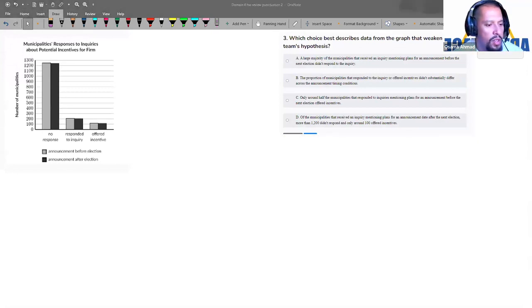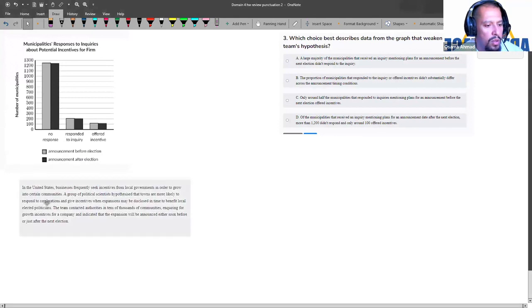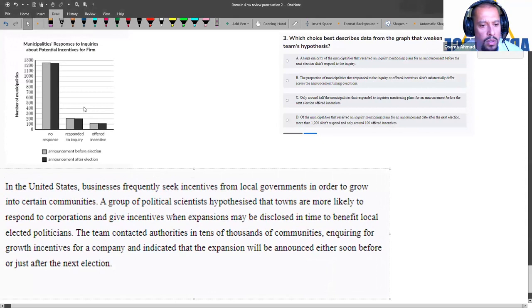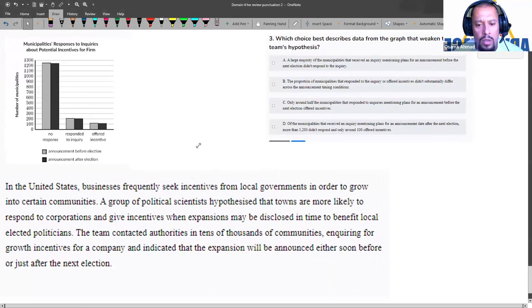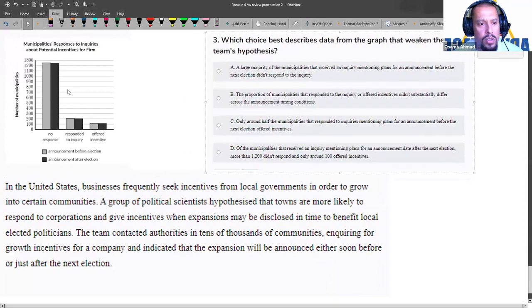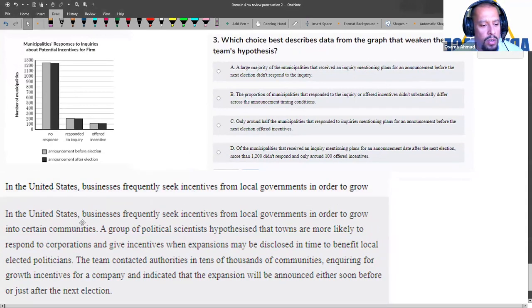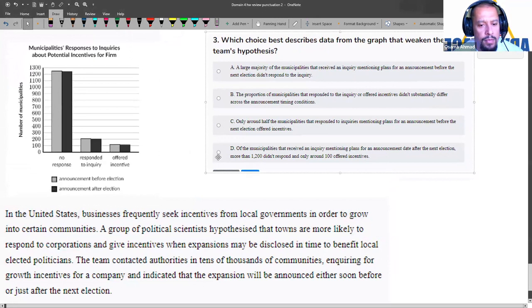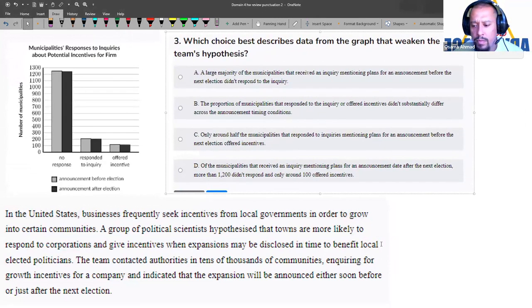Question number 3, we got this incorrect as well. Okay, so here's the text. Here are the questions. I'll give you 2 minutes to do this. Timer begin. Read the text. Take your time.